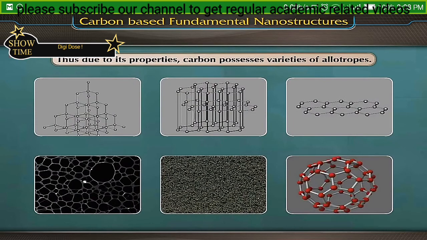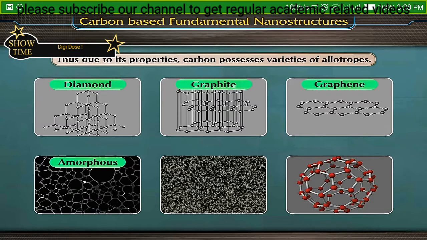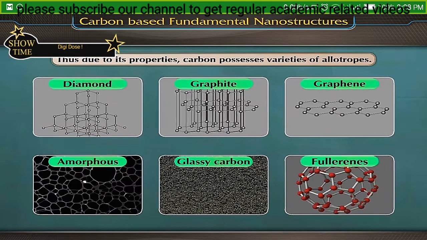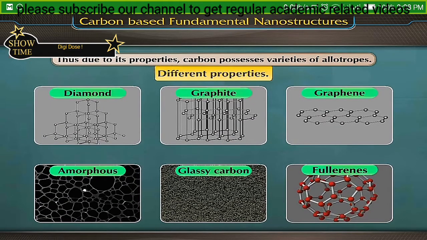Thus, due to its properties, carbon possesses varieties of allotropes. For example, diamond, graphite, graphene, a monolayer graphite, amorphous carbon, glassy carbon, and fullerenes. All these allotropes have different properties.